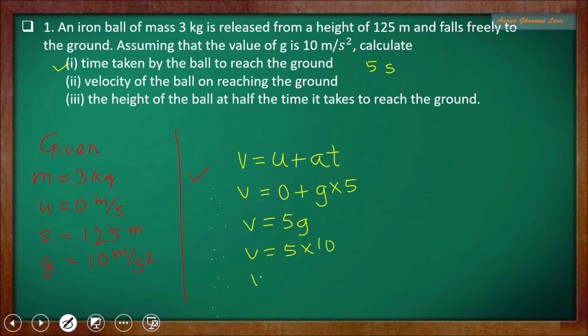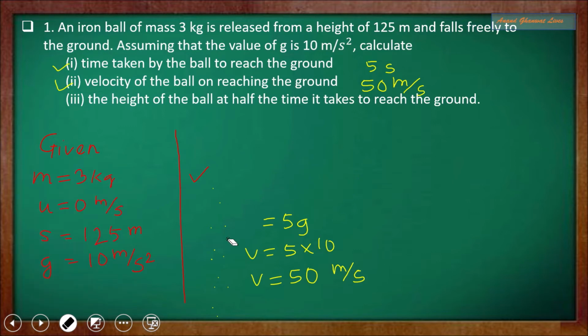Therefore v is equal to 5 into 10, that is 50 meter per second. That is the velocity of the ball when it reached the ground, 50 meter per second.